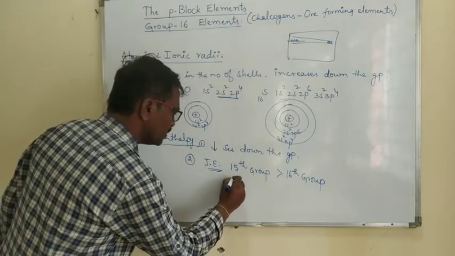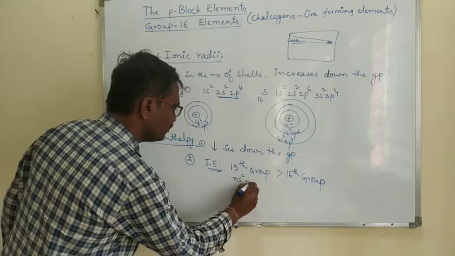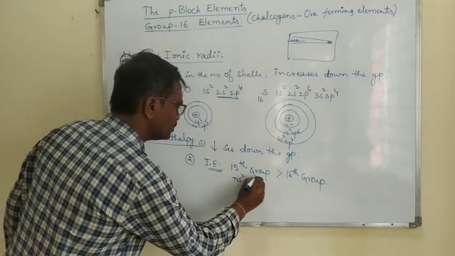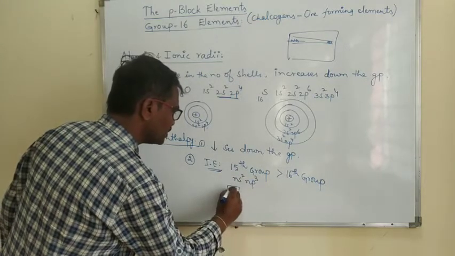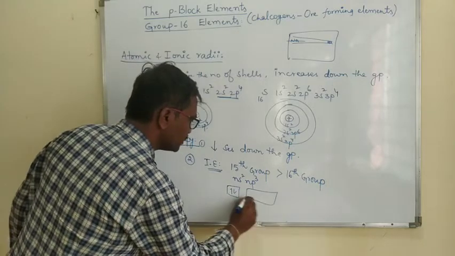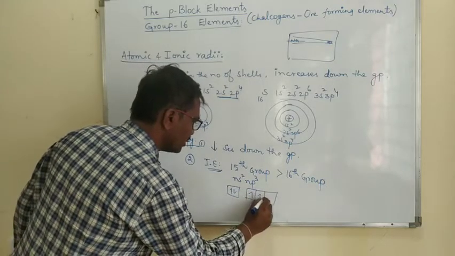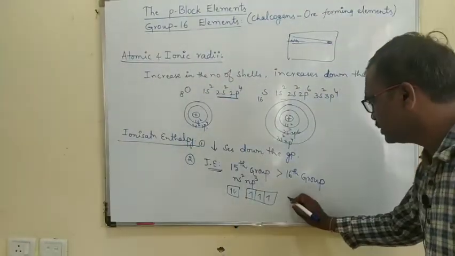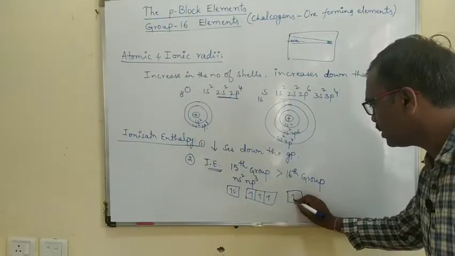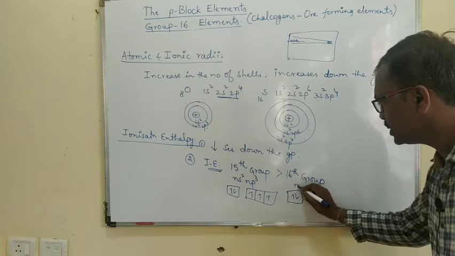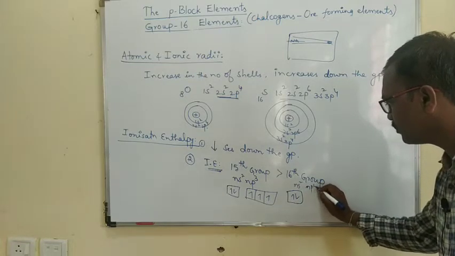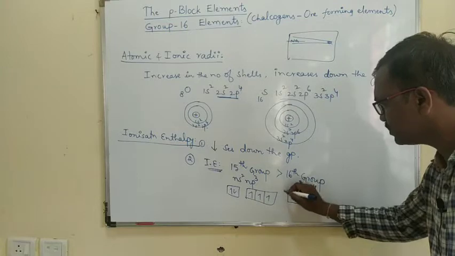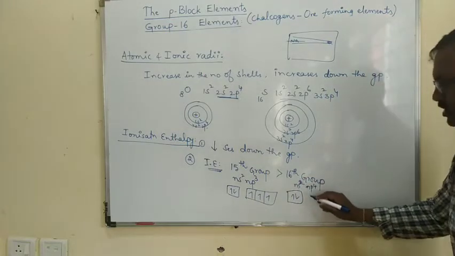So what is the general electronic configuration of the 15th group? ns2 np3, which consists of 2 electrons and 3 electrons. You have studied half-filled orbitals and fully filled orbitals in the first year. The general electronic configuration of the 16th group is ns2 np4.